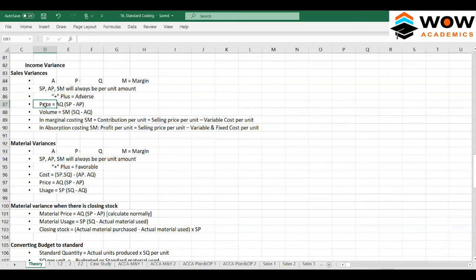The first variance, the sales price variance, has the formula AQ into SP minus AP. So that is the formula here. What is AQ? Throughout this chapter, A refers to actual, Q refers to quantity, S refers to standard, and P refers to price.